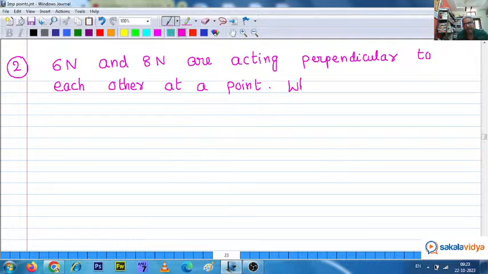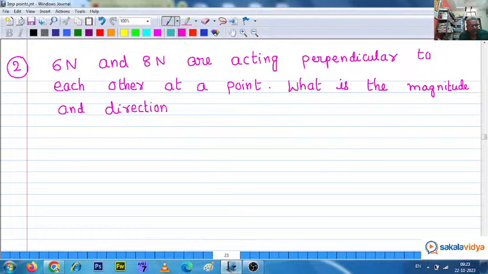What is the magnitude, means modulus, and direction of their resultant? So this is the question.